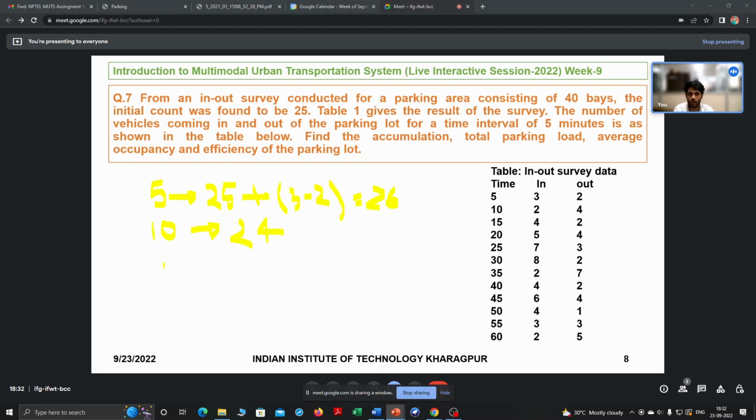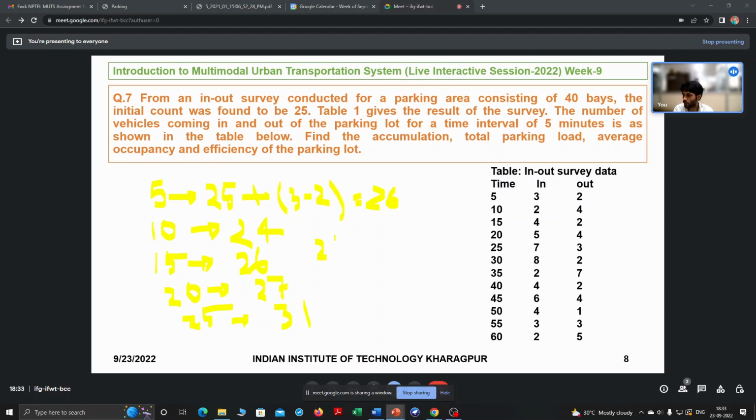So now if you calculate it, you will get the parking accumulation. Also for 15, 24 plus 4 is 28, minus 2 is 26. At 20, 26 plus 5 is 31, 31 minus 4 is 27. Now 25 is what? 27 plus 7 is 34, 34 minus 3, so 31.